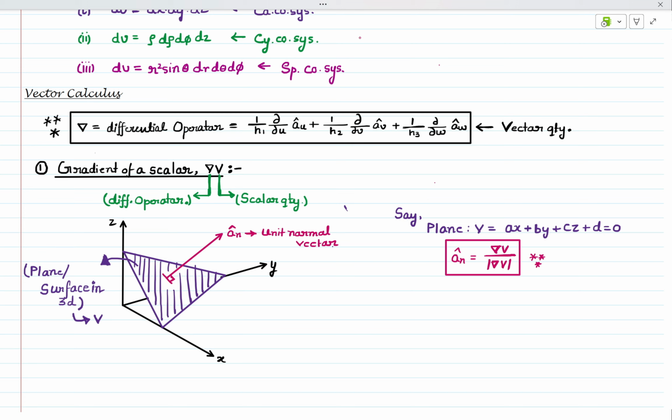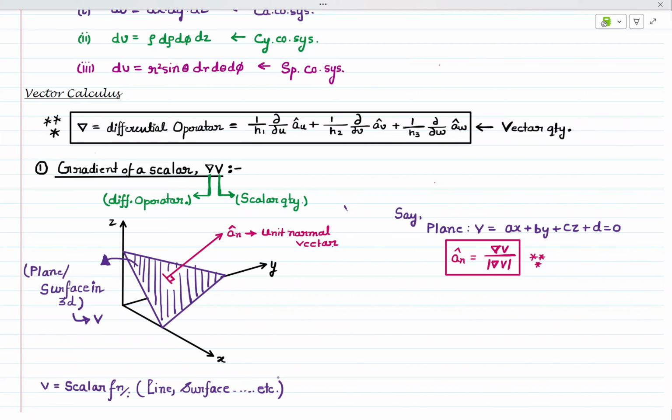Basically, any scalar function means with any V. Now the V can be line, surface, anything, but the V should be a scalar function. Line, surface, etc. Those are nothing but scalar functions.